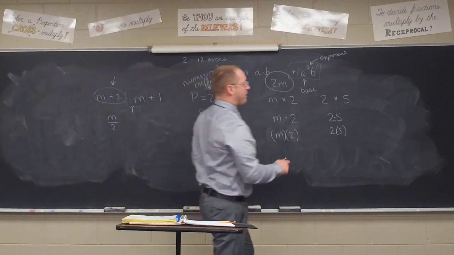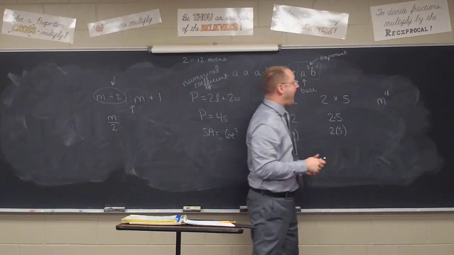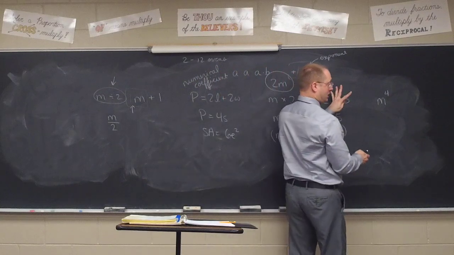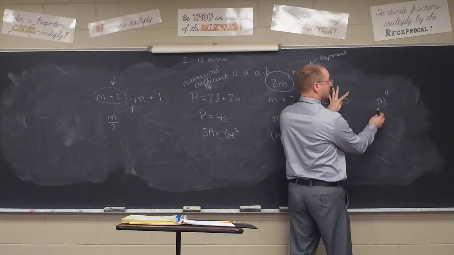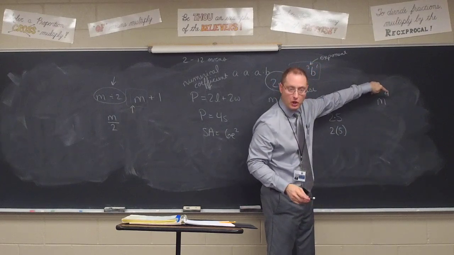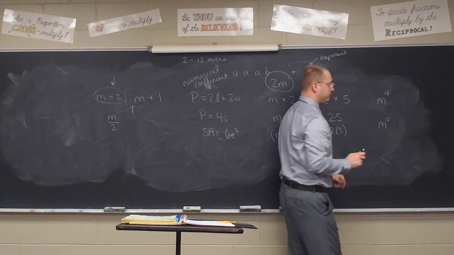So if I just said m to the 4th, how many m's are there, class? 4. What's the numerical coefficient, class? 1. We know there's 4 m's because it says there are. But what if I said this, m to the 0?